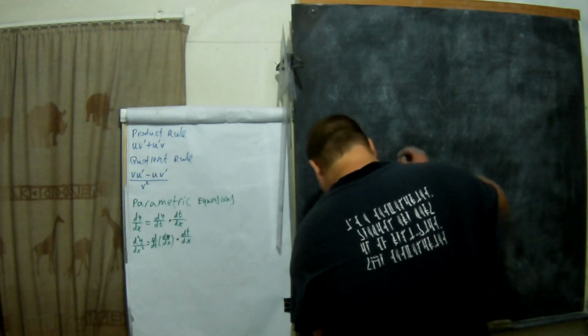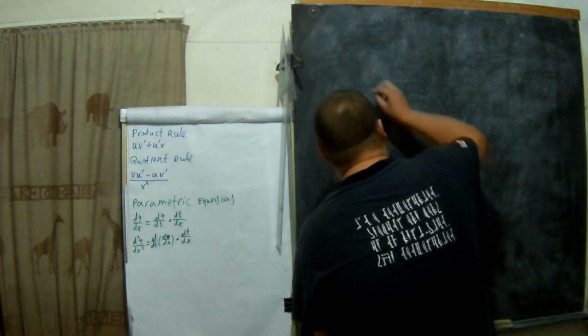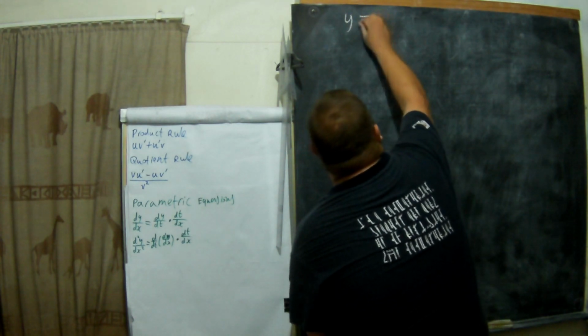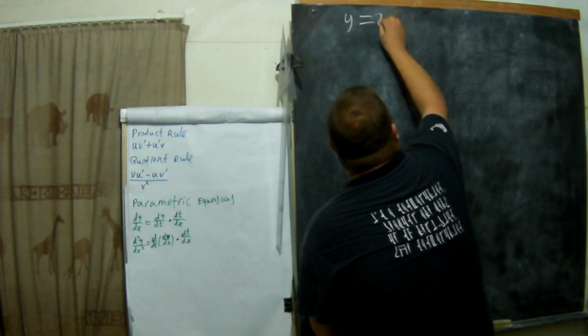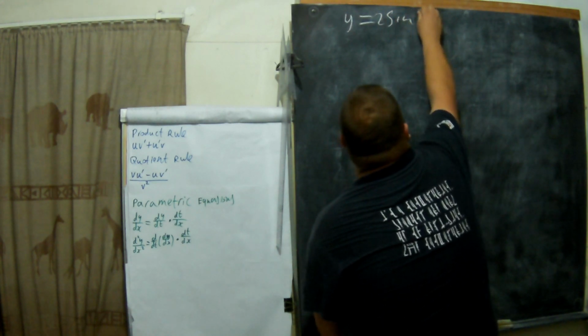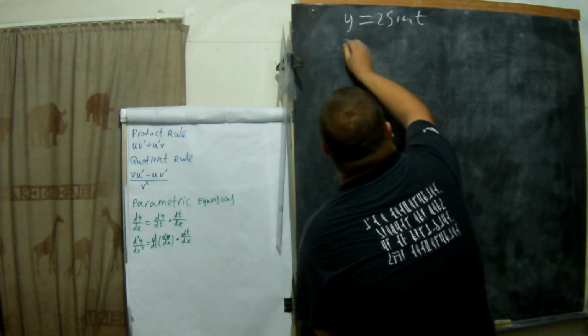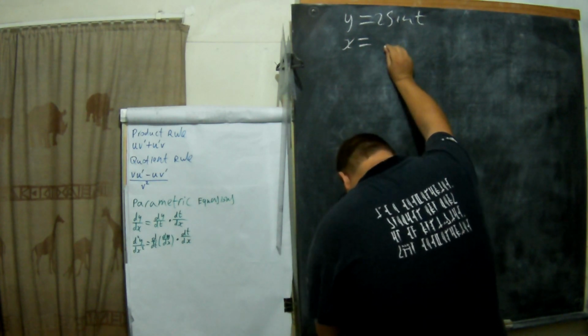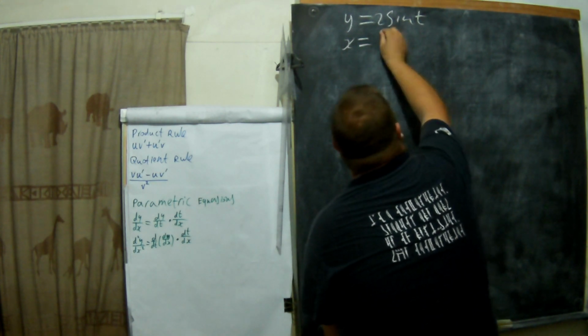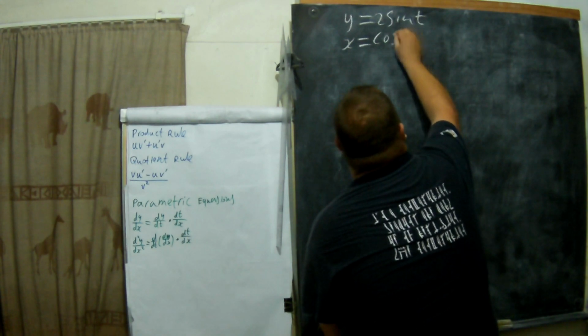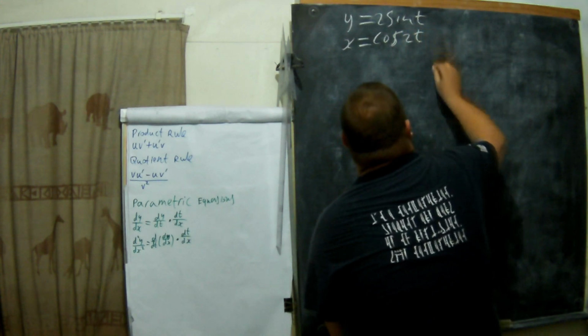Okay, our next sum is going to go y is equal to 2 sine t, x is equal to cos 2t.